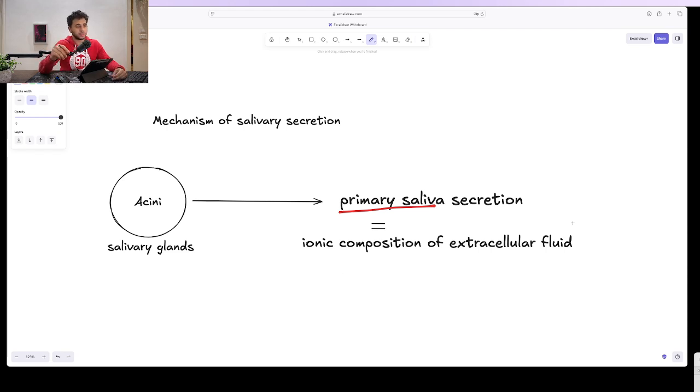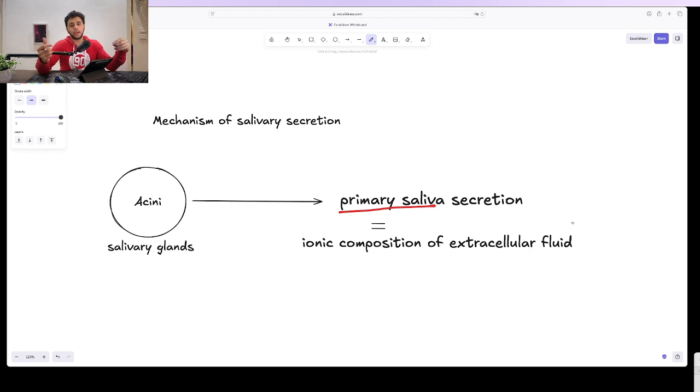It's actively transported by the duct cells of the gland ducts. The cells are modified in a way that makes the sodium actively reabsorbed into our body.